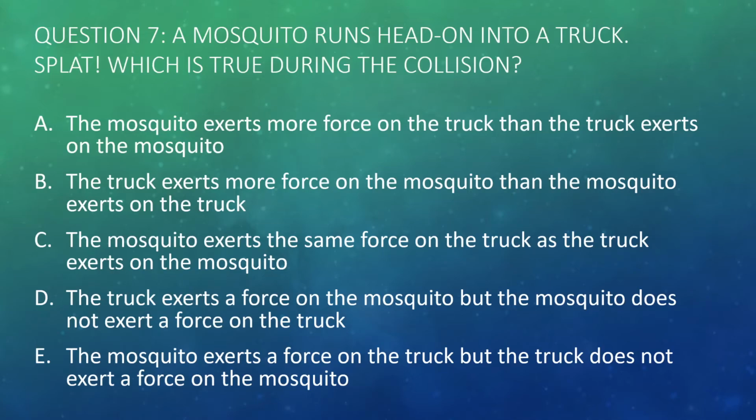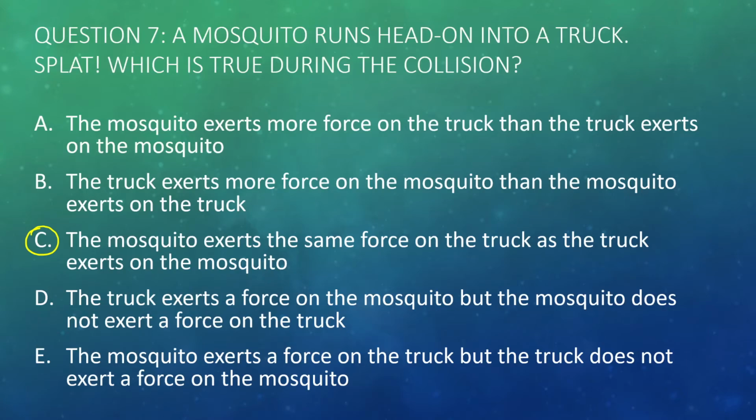Newton's third law states that every force occurs as an action-reaction pair, where the forces are in opposite directions, but are equal in magnitude. Equal in magnitude. Which means, perhaps surprisingly to some people, the answer is C. They will exert the same force on each other, the mosquito on the truck and the truck on the mosquito.